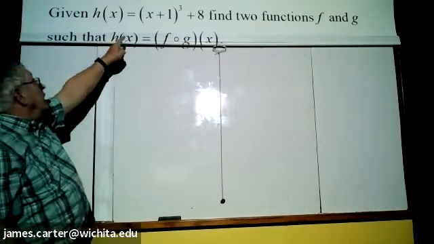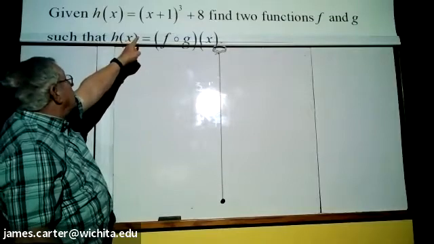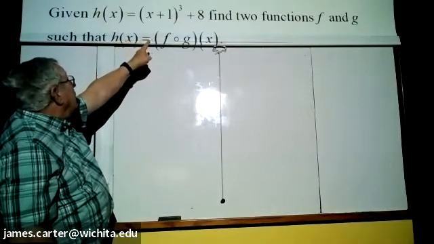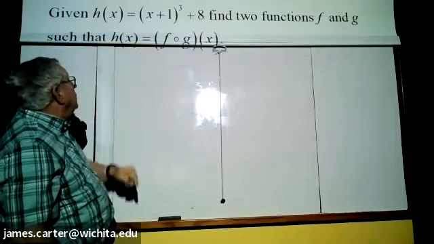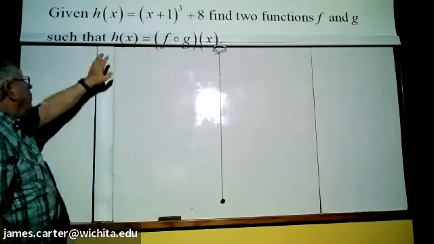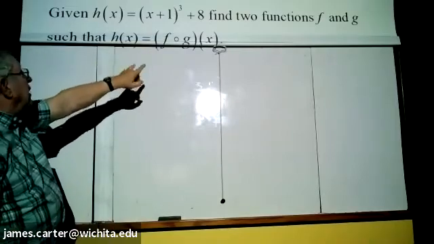Okay, this is telling us that the composed answer is that, x plus 1 cubed. Well, what would we have for our f's and our g's?